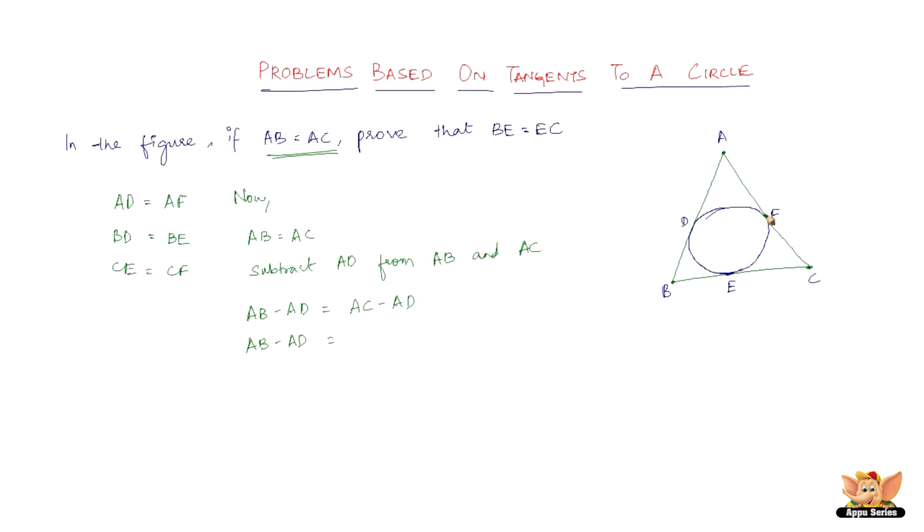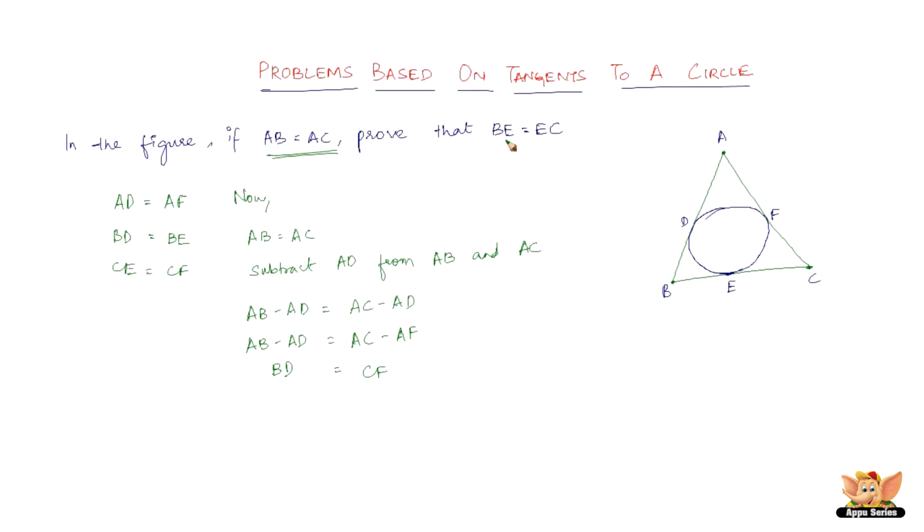Now, since AD equals AF, because tangents from an external point to a circle are equal, we replace AD by AF. So we've got AC minus AF. Now when you subtract AD from AB, all we've got is BD. And when you subtract AF from AC, all you've got left is CF, right?